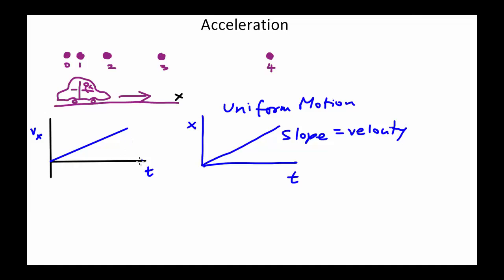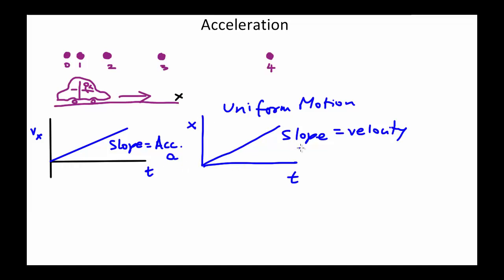Well, it turns out that by analogy, the slope in a velocity time graph is nothing but the acceleration. And acceleration in physics is written as lowercase a. And the slope was simply the rate of change of whatever was plotted on the y-axis.